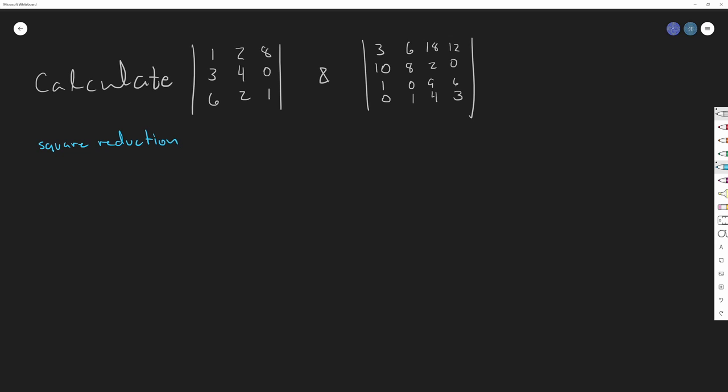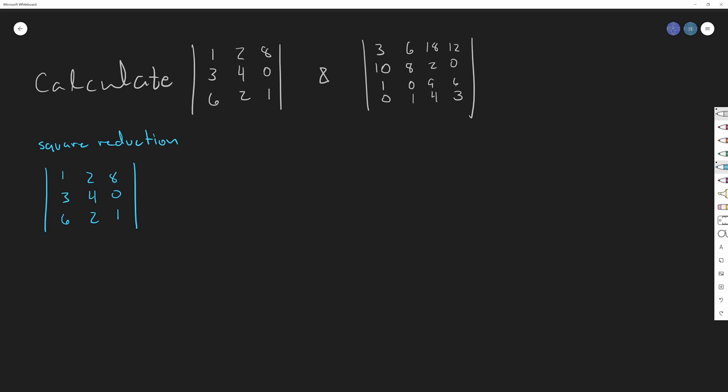As I mentioned briefly in the lecture part, it basically means finding the determinant of a smaller matrix within the matrix.